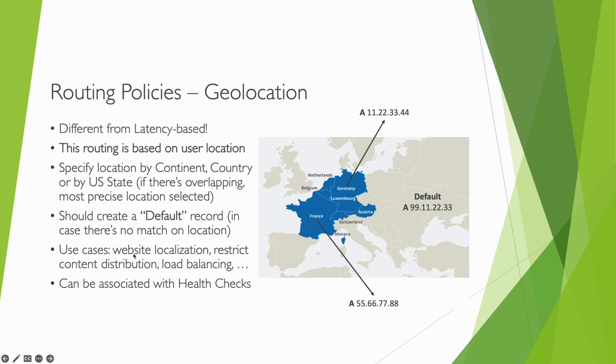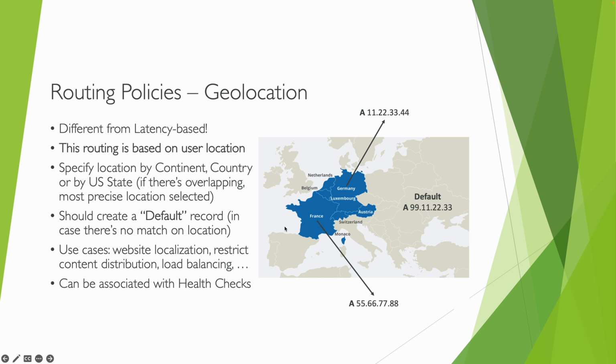Use cases are website localization, restricting content distribution, and load balancing, as we saw in the previous Google page. Whenever people in Germany want to open the page, I want to show them my website in German, so I will redirect them all to this server, where I set the default language as German and all my content is displayed in German.